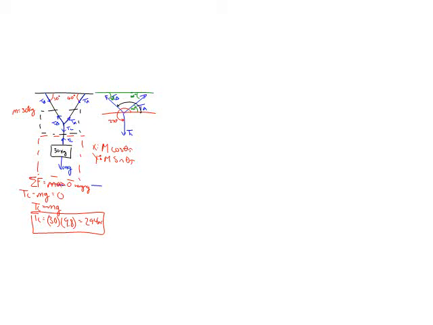I don't know. Okay, what's this angle? 30. So what would this angle be? 150, right? Because the whole line is 180, and 180 minus 30 gives us 150. So now we have the proper angle for TA is 40, for TB is 150, and for TC is 270.